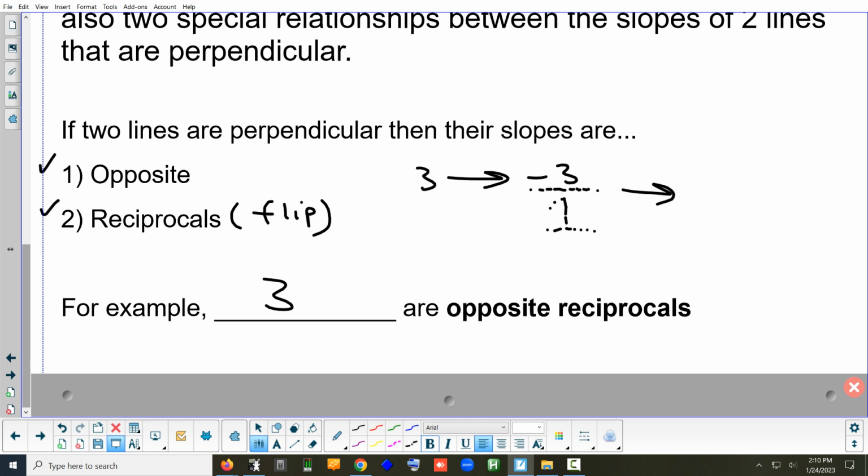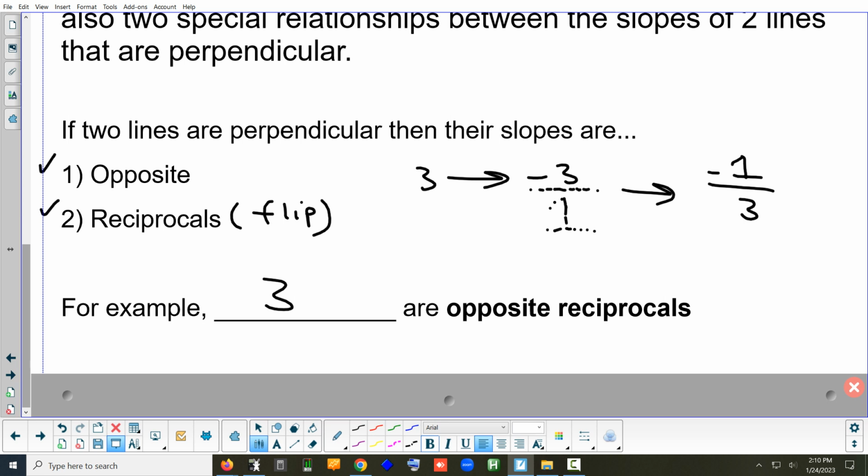Okay, so we took the opposite of it. We got negative 3. And now, flip that. What do you get if you flip negative 3? I'm going to get you 1 over negative 3. Yeah, we get 1 over negative 3. And it doesn't really matter where you put the negative. Most people just keep the negative in the top.